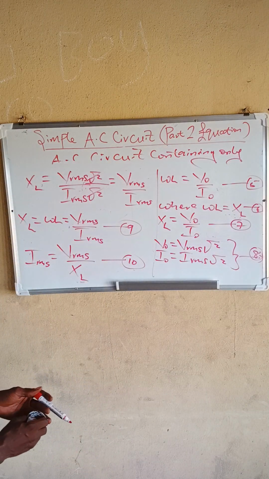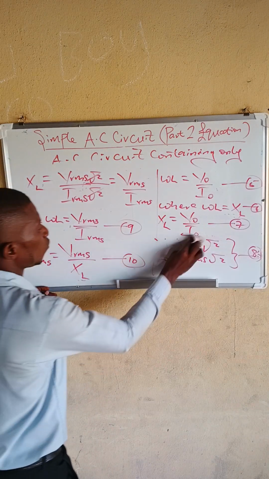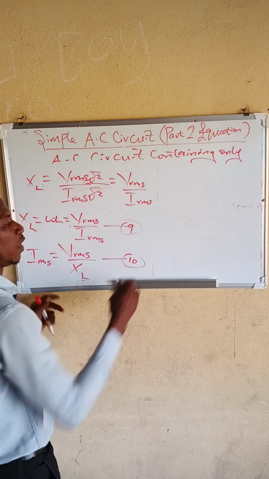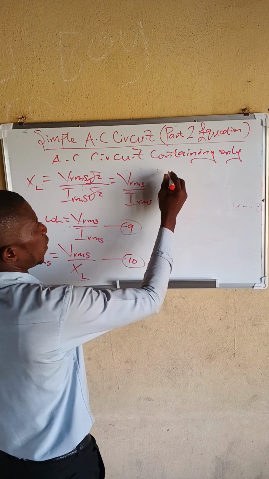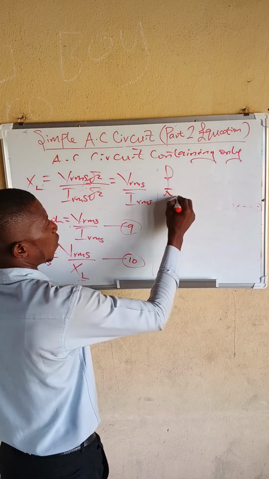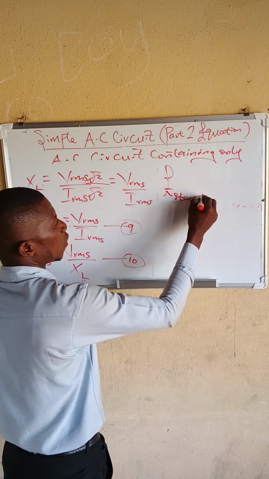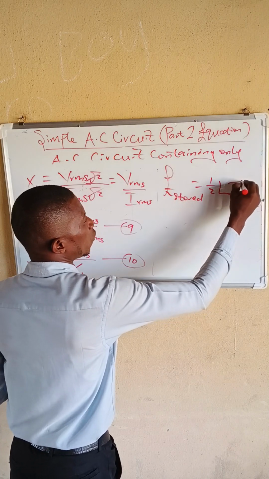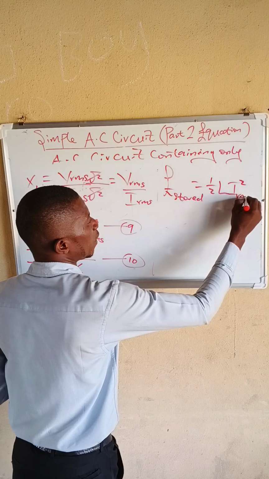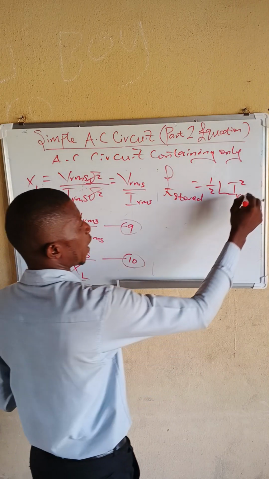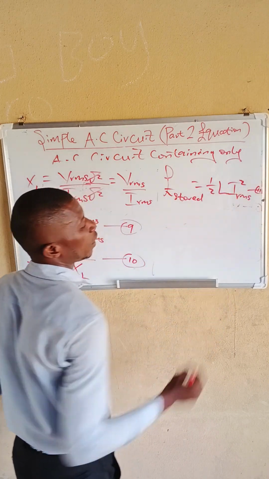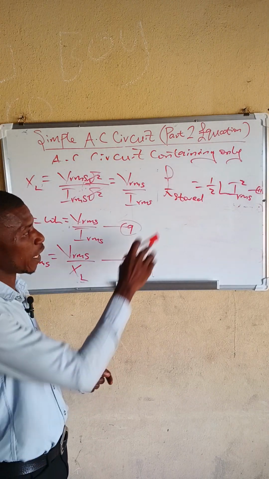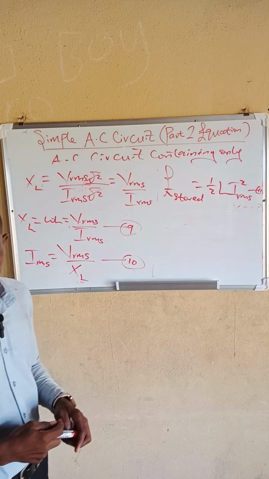Then energy stored in an inductor. The energy stored in an inductor will give us half L I squared. This I is current root mean square. I call this equation 11. This is the energy stored in an inductor.